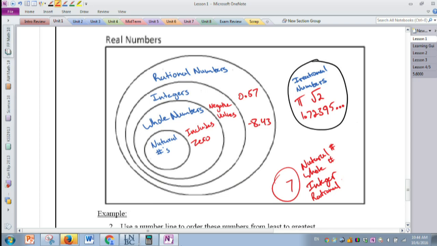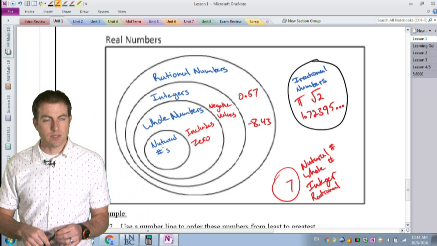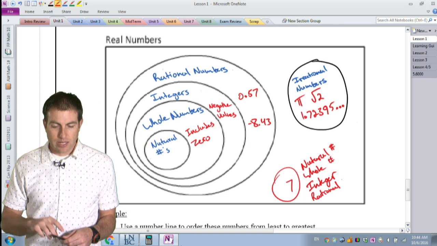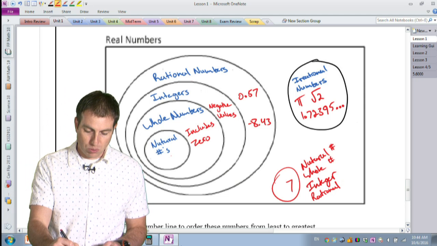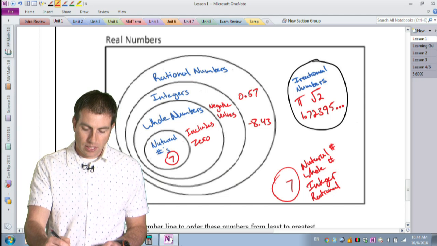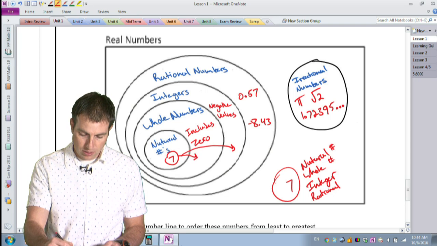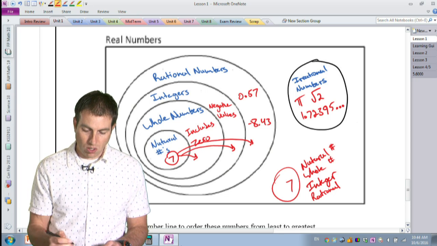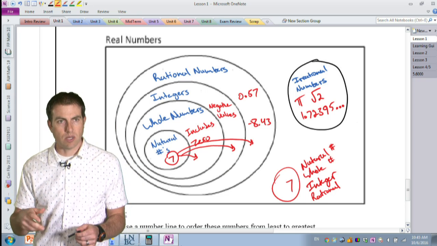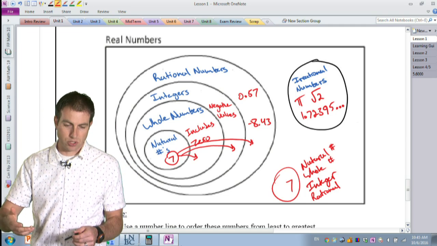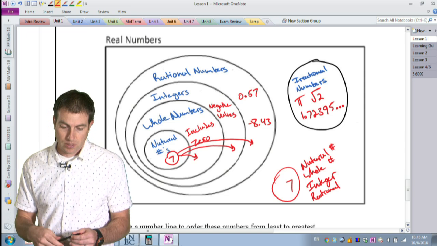So 7 is all of those things. Technically, the most inclusive category would be here. It's in this circle, this circle, this circle, and this circle. So it is all of those things.